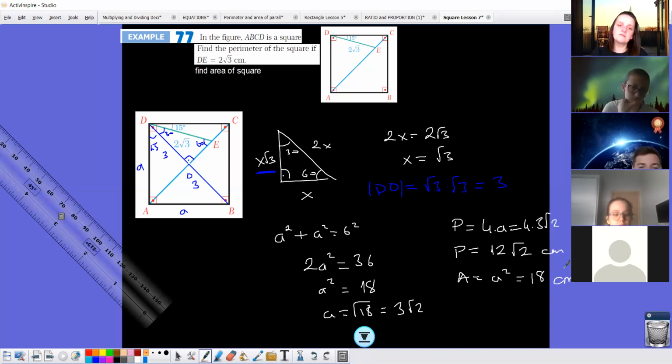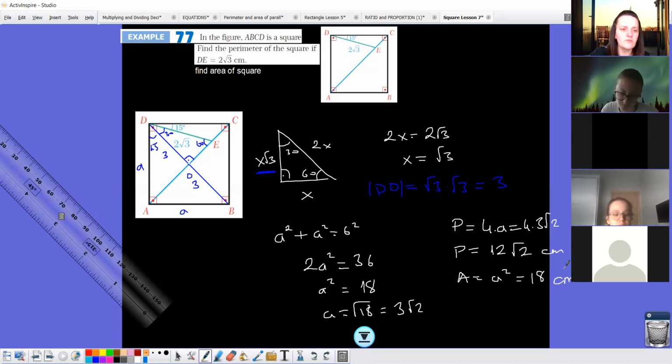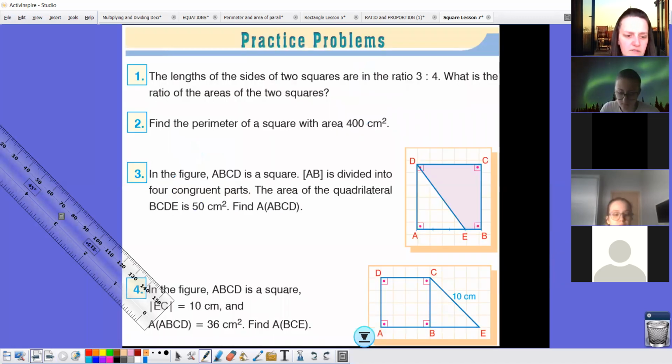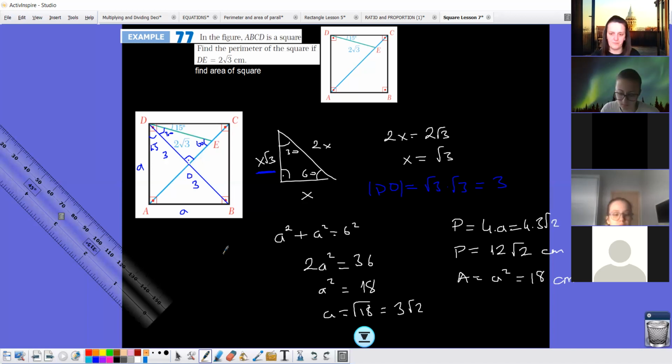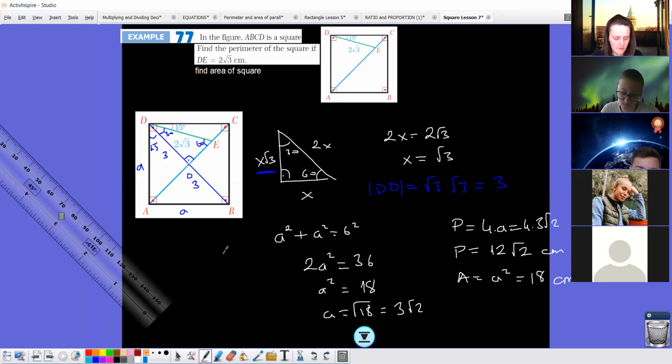Okay, did we understand? Yes, teacher. Okay, great. Let me check if we have one more question or not. You have the practice problems. We have 6 minutes. After square, we have rhombus, we have kite, trapezoid, and then circles.